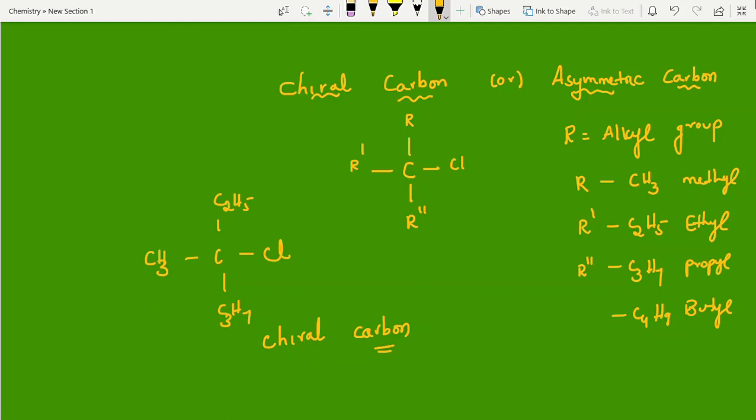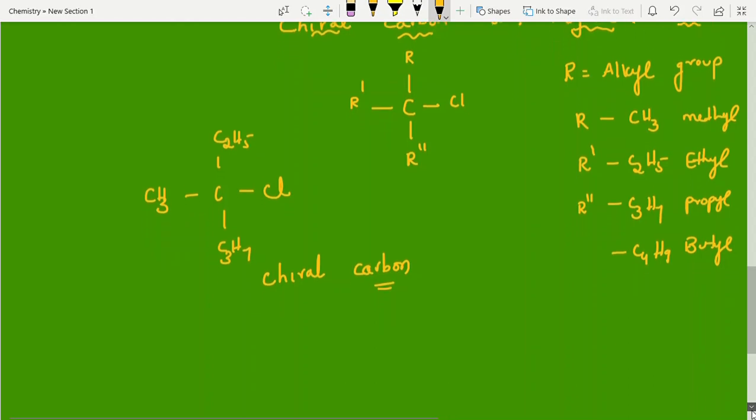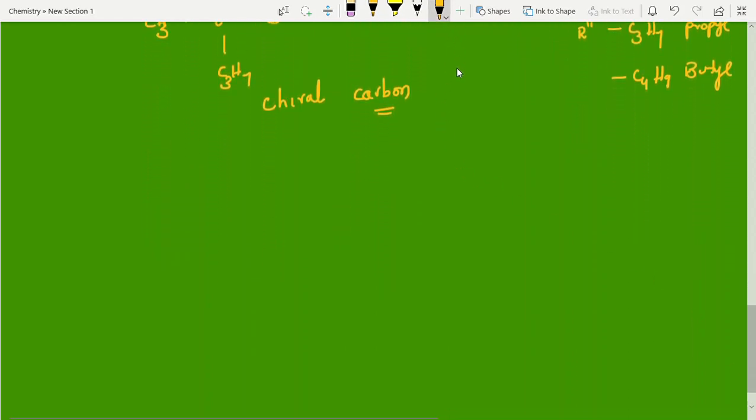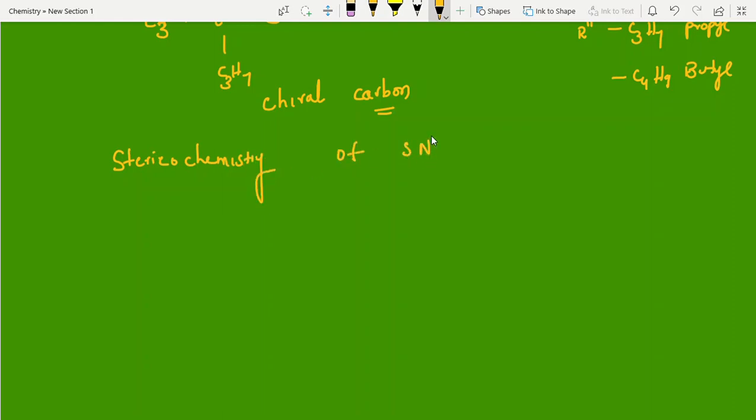Now we are going to the topic, stereochemistry of SN1. It is one of the most important topics for NEET level, mains level, and advanced level also. Now let me first write the stereochemistry of SN1, unimolecular nucleophilic substitution reaction.